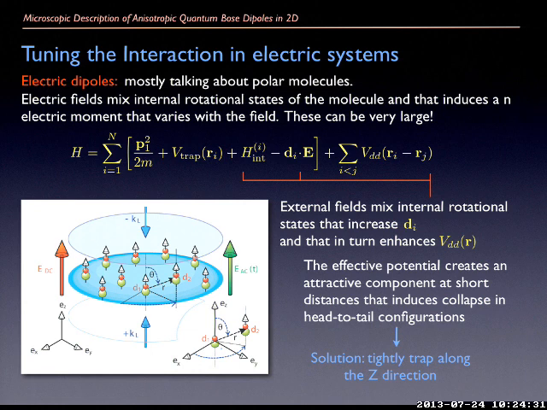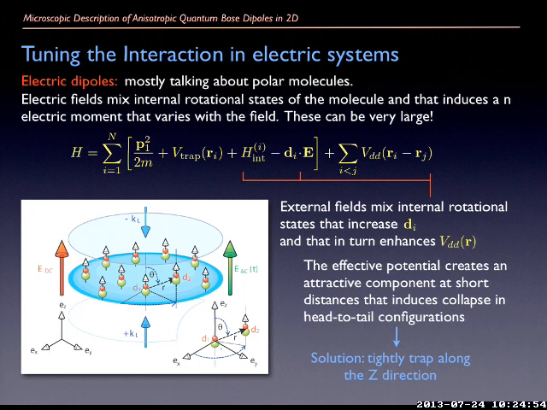And that's the reason why we have decided to analyze these dipoles in two dimensions, because that's the geometry in which the system looks more stable. So in the end, what we are doing is describing a system of dipoles moving in 2D.